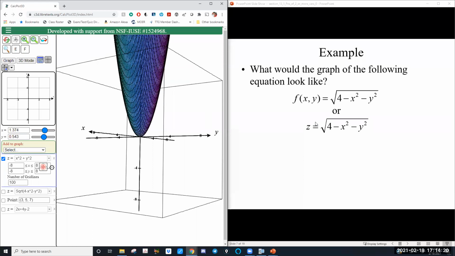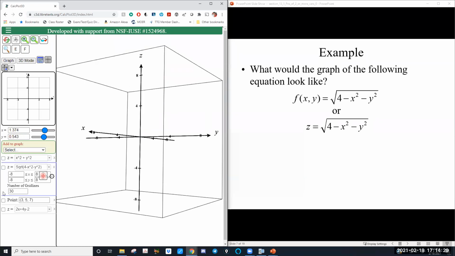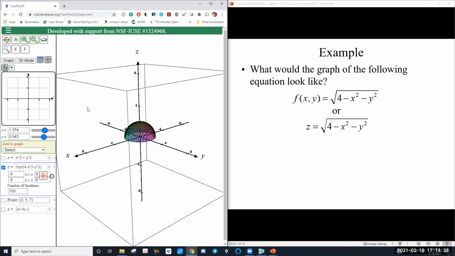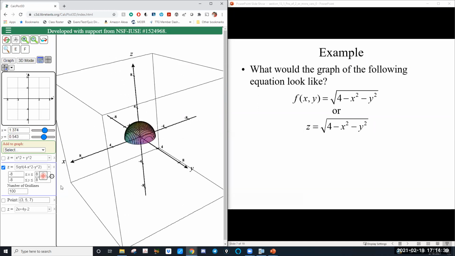So let's talk about this function here. f of x y equals the square root of 4 minus x squared minus y squared. All right, I've got this one put in here. Let's make that a little smoother. I'm going to zoom in on it a little, but I think you can already see the shape there.